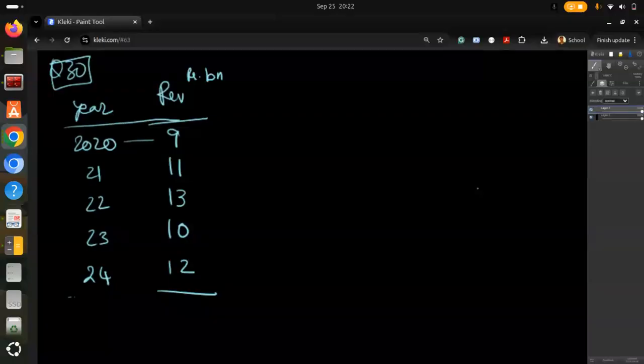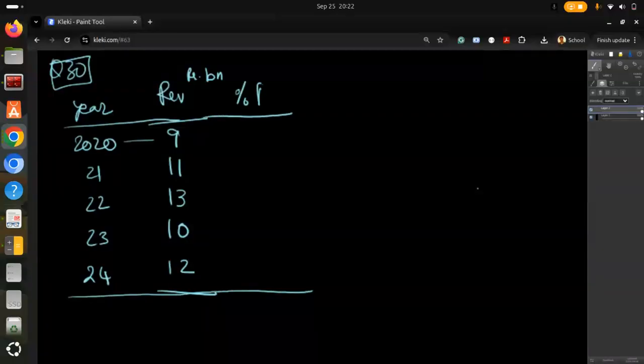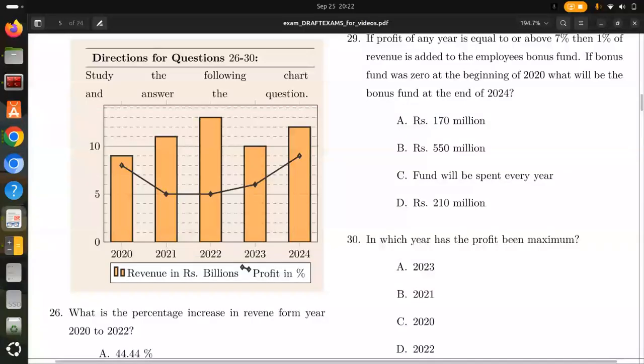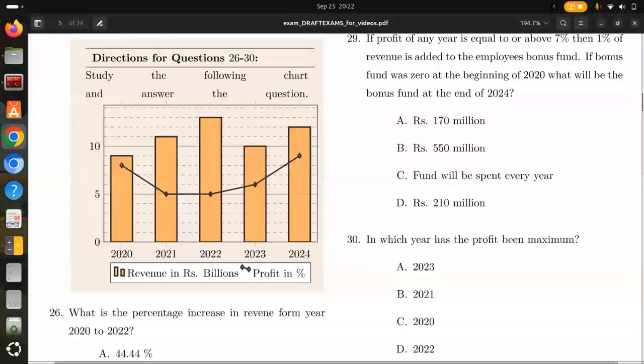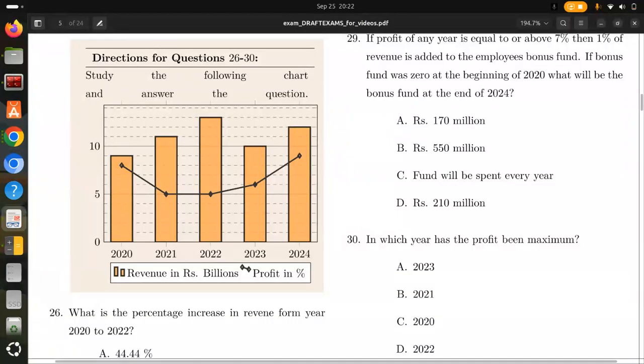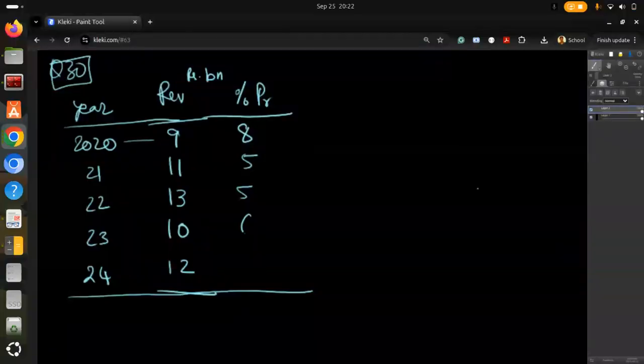Okay, so now what is the profit percentage? Now let's do the line chart. So this is 8%, 5%, 5%, and then this is 6 and this is 9. So these are all percentages.